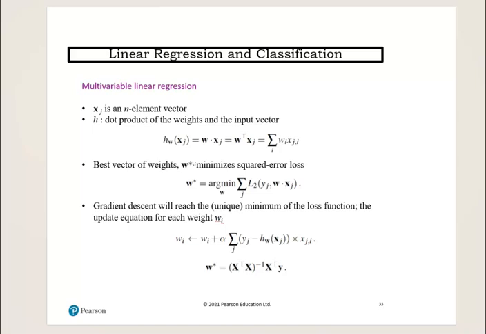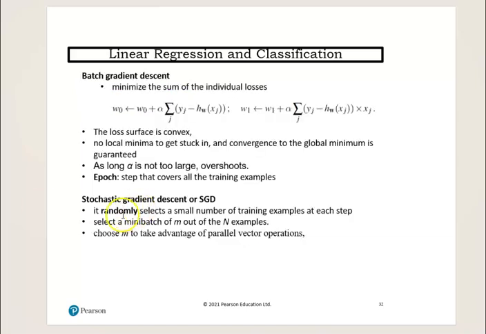Just one more point about stochastic versus batch gradient descent is that with some CPU or GPU architectures, we can choose m to take advantage of parallel vector operations. So we don't have to evaluate these gradients in series.